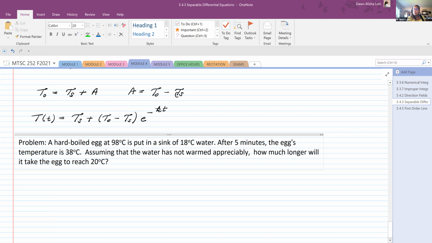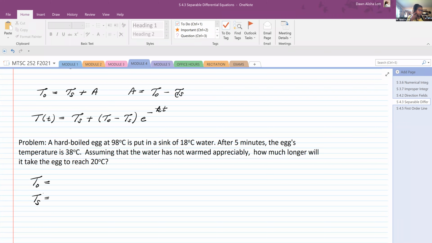What do you get from this problem? I can tell you I see T0. I also see TS.